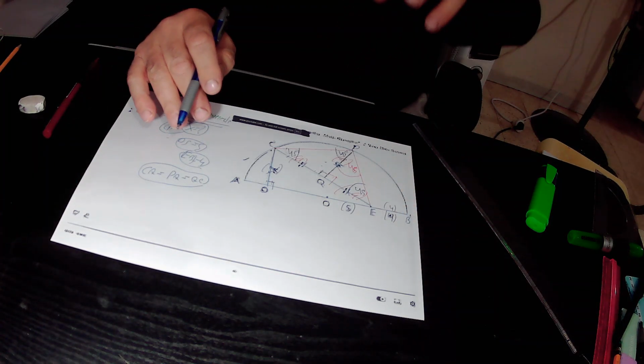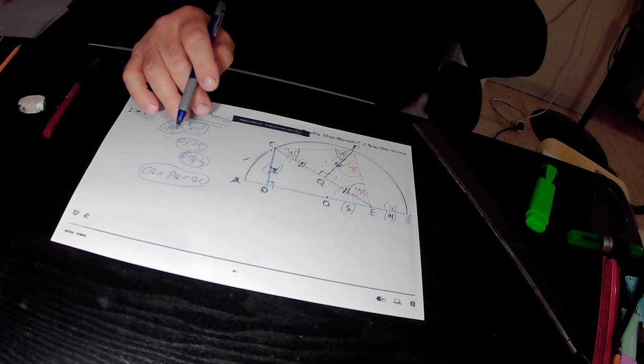In the next step, we will complete this semicircle to a circle.